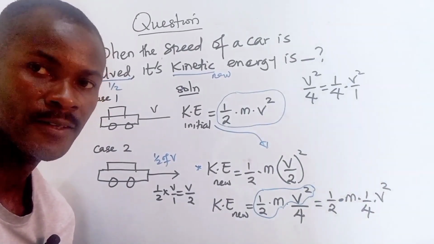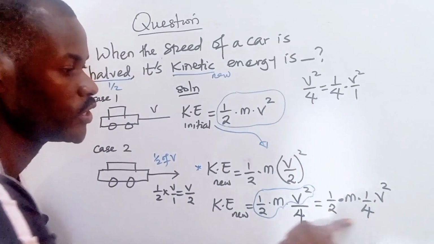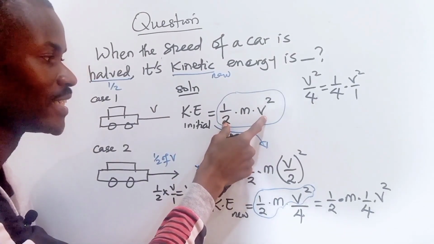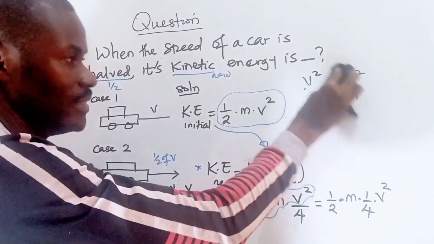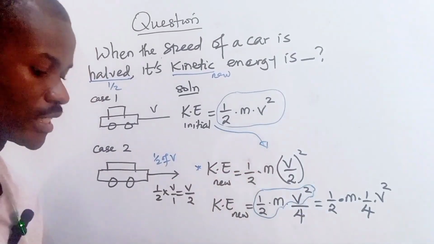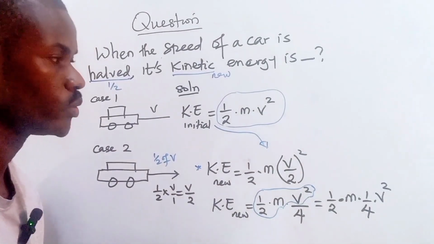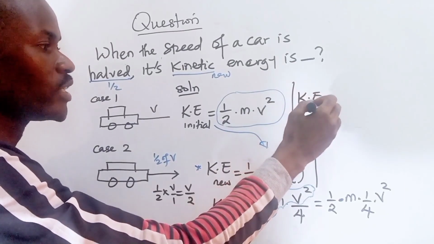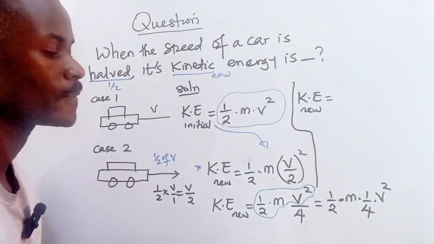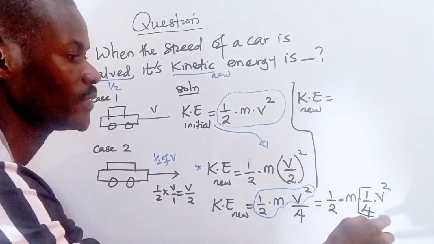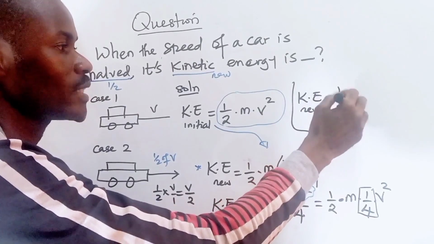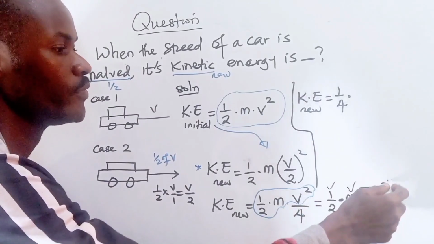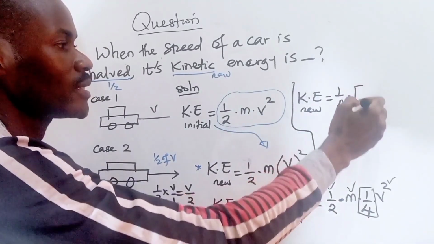Now that we have all that, we can rearrange this so that we have our initial kinetic energy by the side of this expression. The new kinetic energy is going to be, let me start with this first, 1/4 multiplied by half mv squared, like we have here.